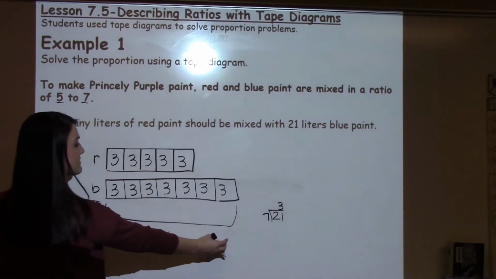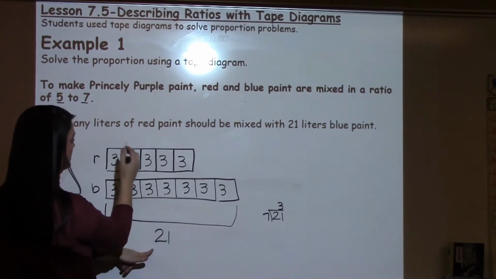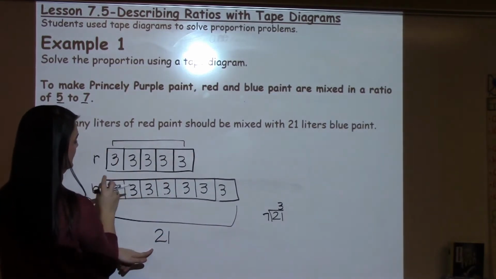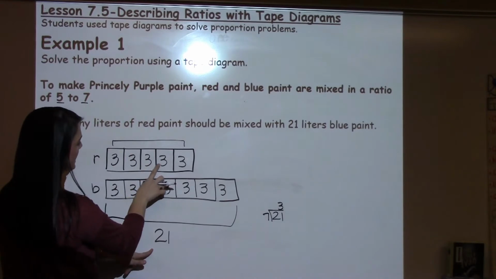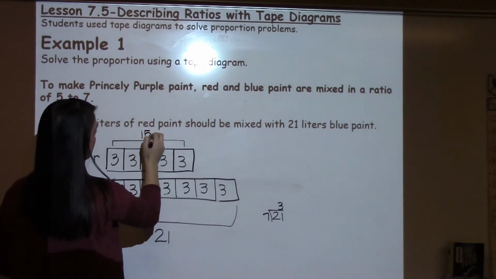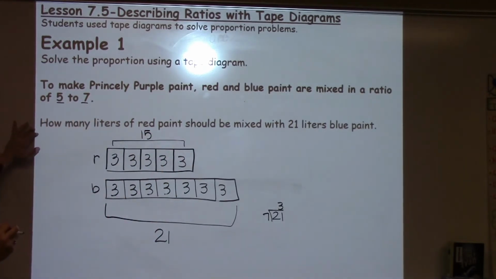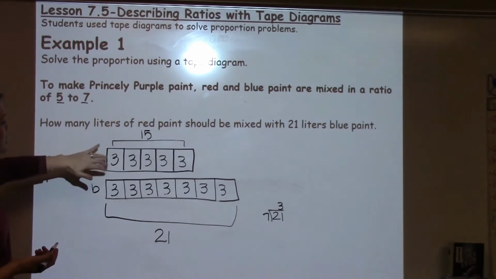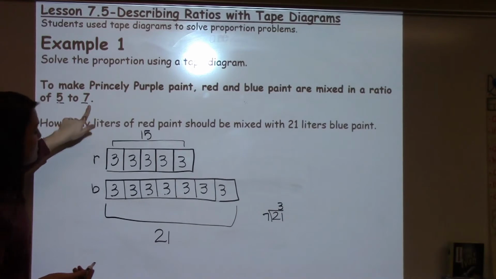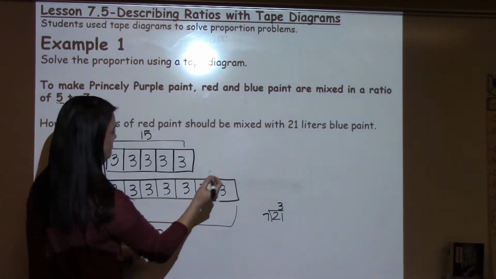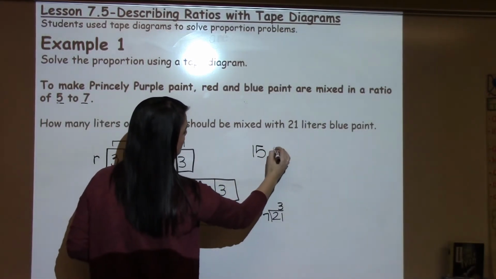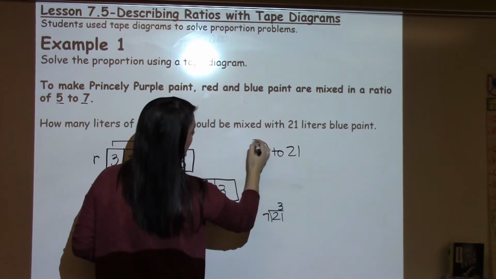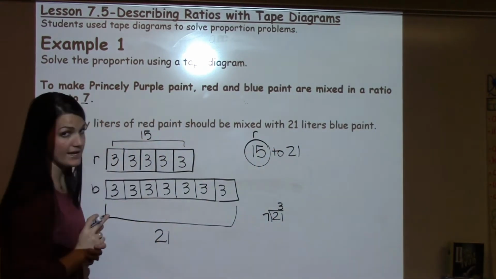So if this has 7 sections and it's worth 21, this has 5 sections and is worth 3, 6, 9, 12, 15. So my answer is how many liters of red paint should be mixed with 21 liters of blue paint? If the ratio was originally 5 to 7, but now I want to change it to 21 for blue, my new ratio would be 15 to 21, and that 15 would be red.